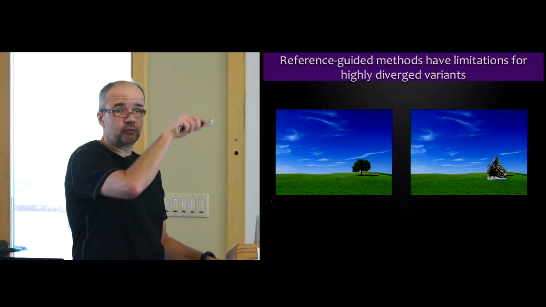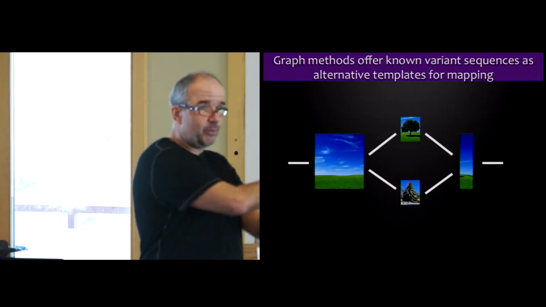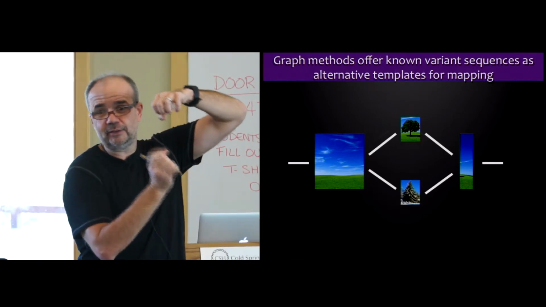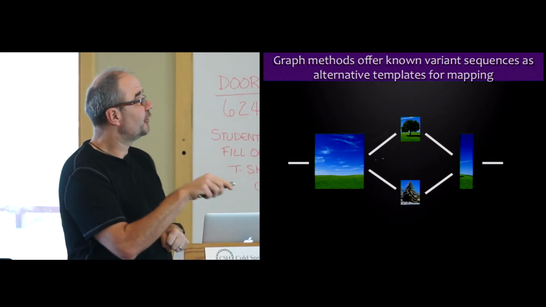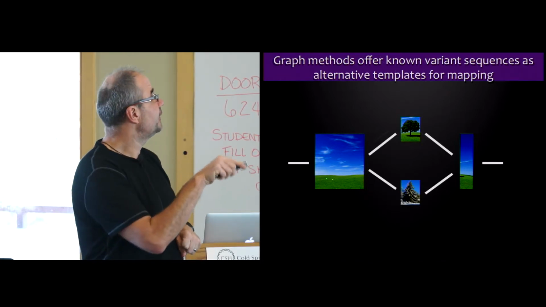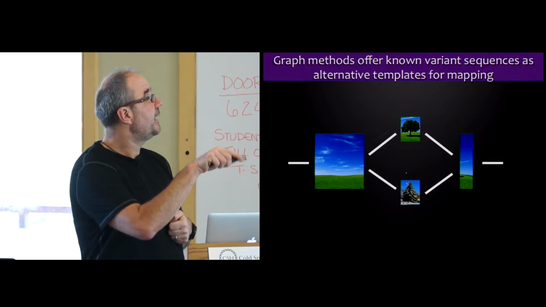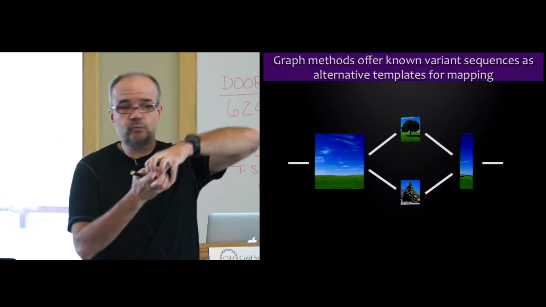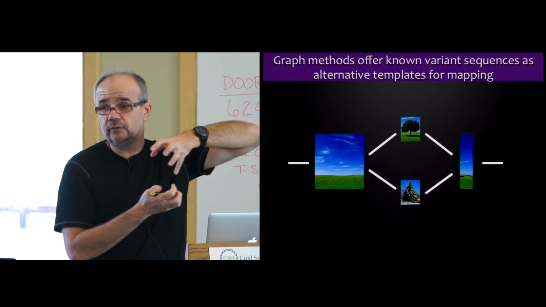Instead of having just one box, you can have a box where you cut out the tree, and then you say, oh, it's either this or that at that particular location. So this is sort of like a graph that is the same everywhere there are no differences between individuals, and where there are substantial differences, you provide a representation of both alleles.